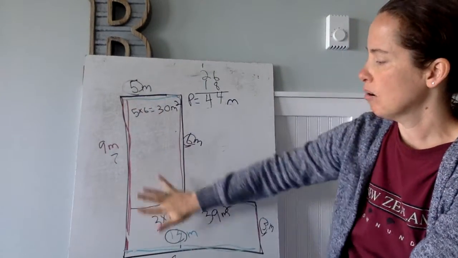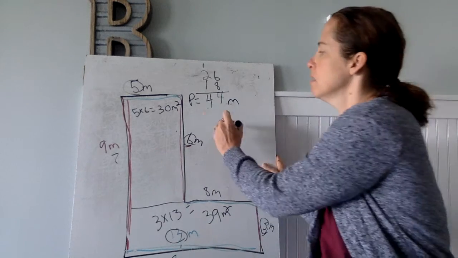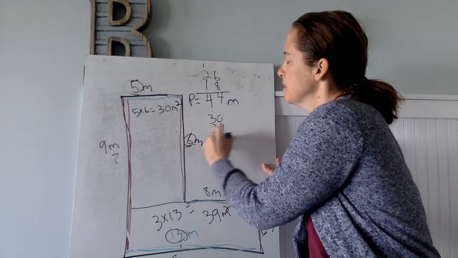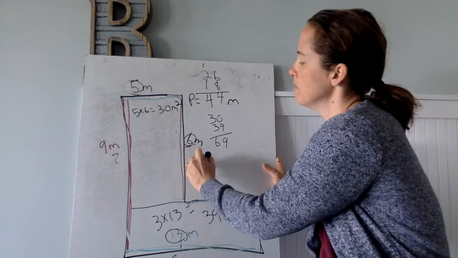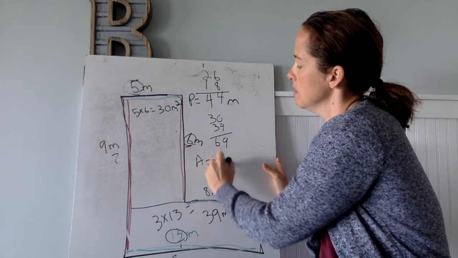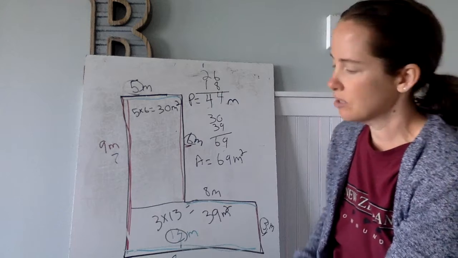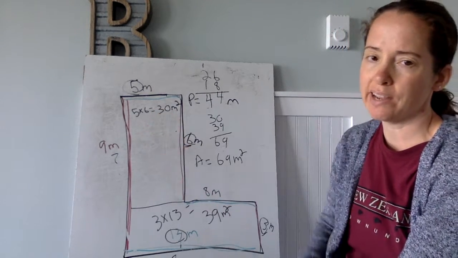So I just add my 2 areas, which would be 69. So my area for this entire figure would be 69 square meters. Don't forget the square because we're finding the square units inside.